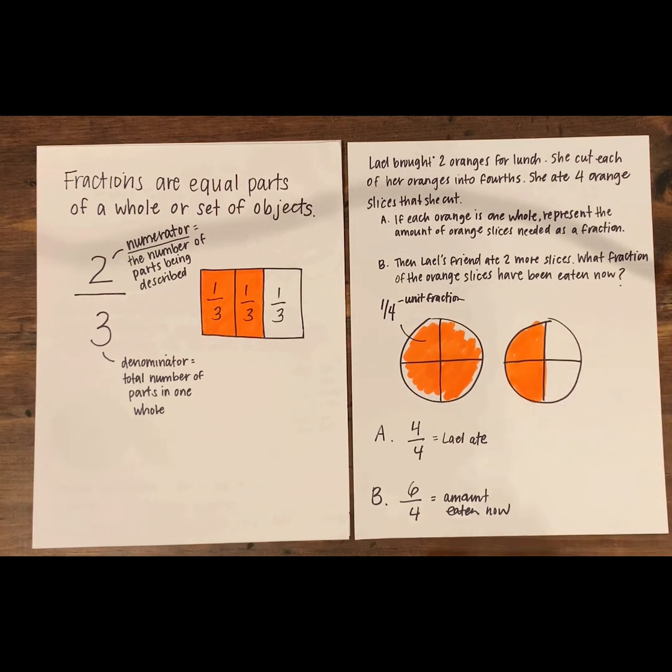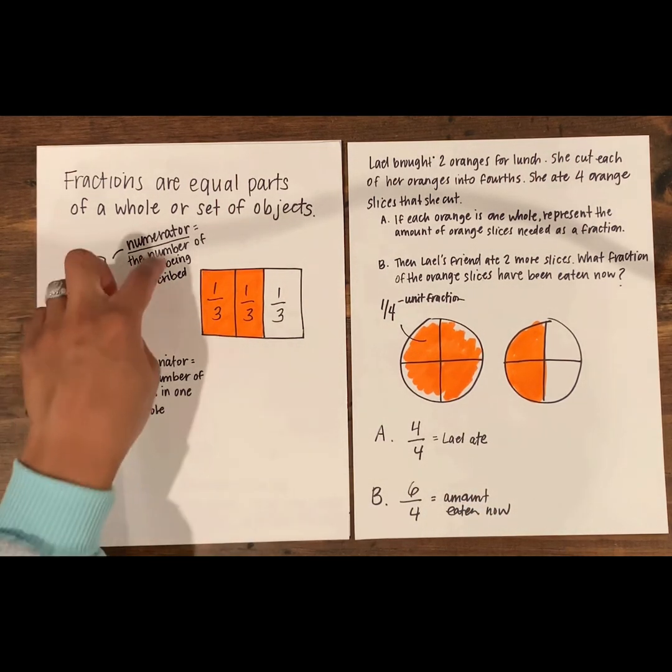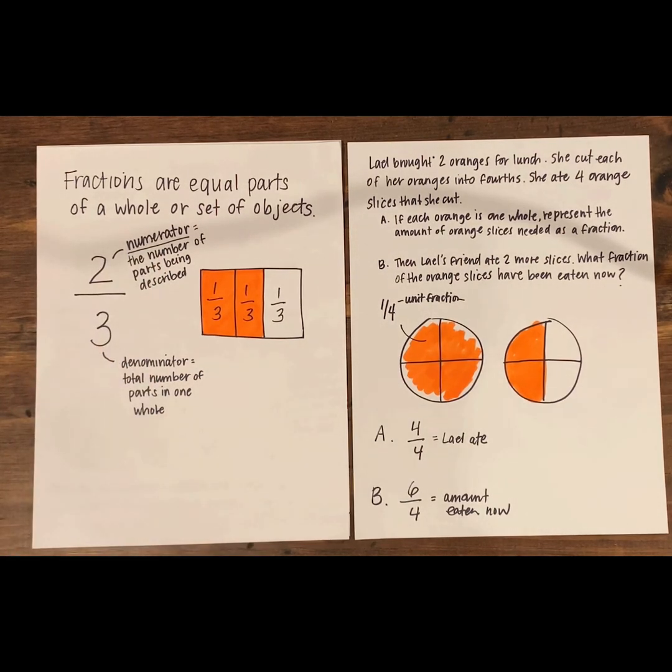What do you notice about this fraction? I heard you say that the numerator is greater than the denominator. Using your definitions of numerator and denominator, describe what it means when the numerator is greater than the denominator.